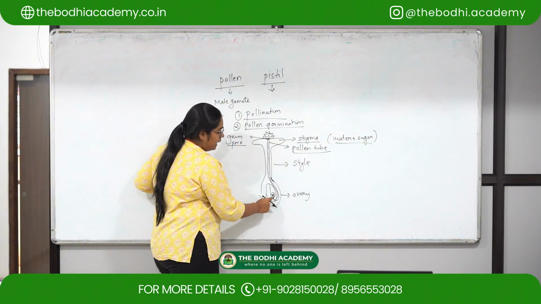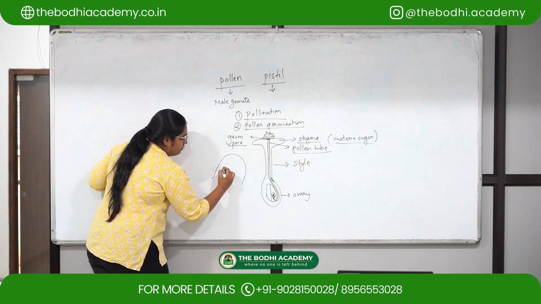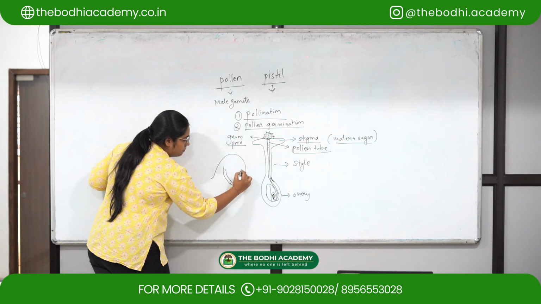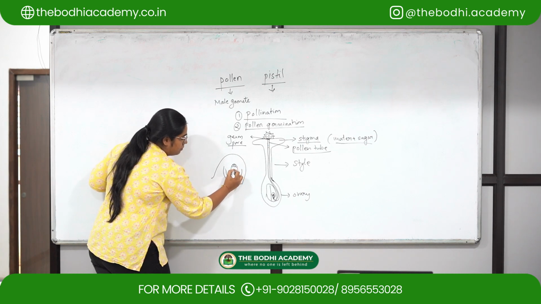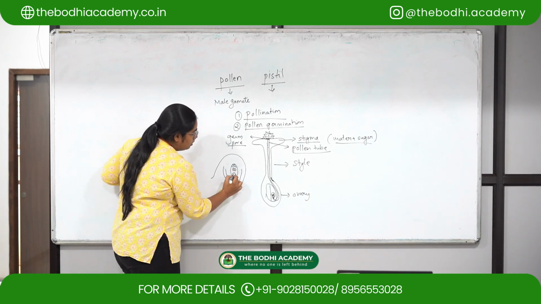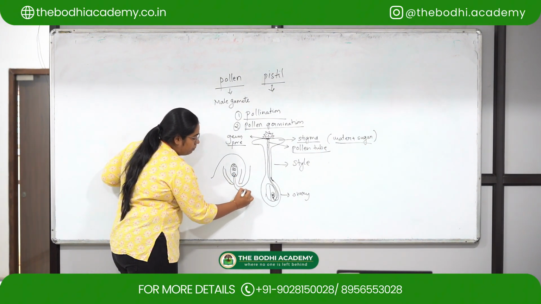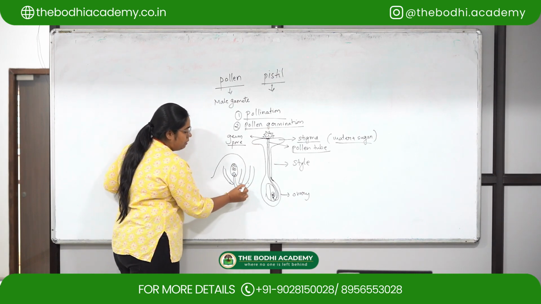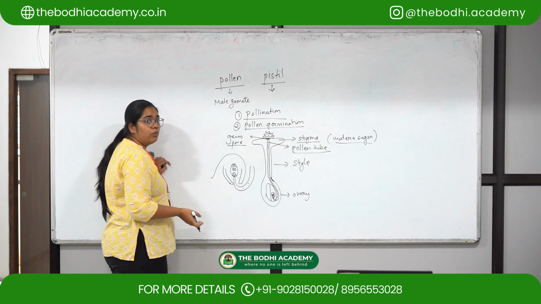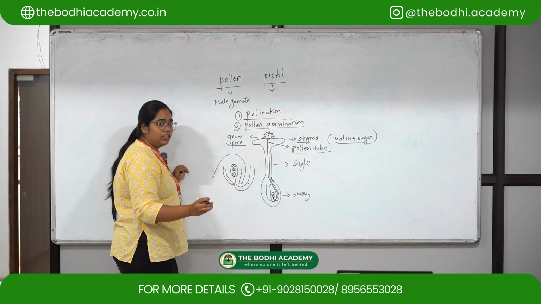After it reaches the ovule, if this is the ovule with the embryo sac, when the pollen tube enters the micropylar end of the ovule, the two male gametes which are inside the pollen grain will come inside the embryo sac, wherein the fertilization starts.